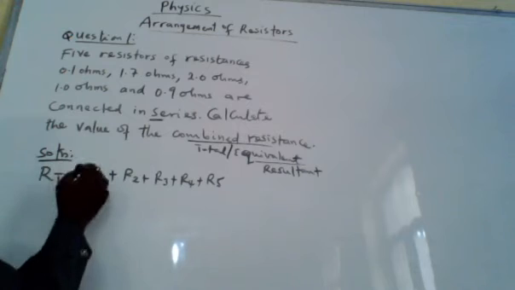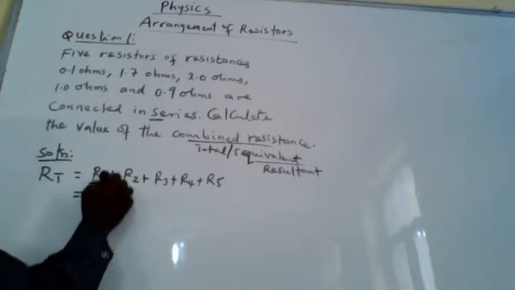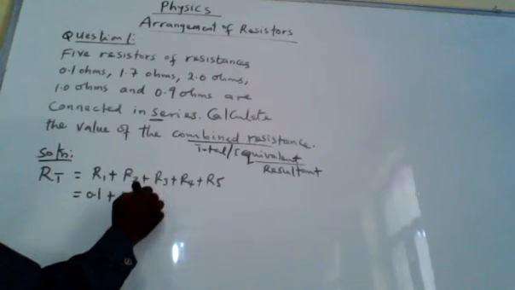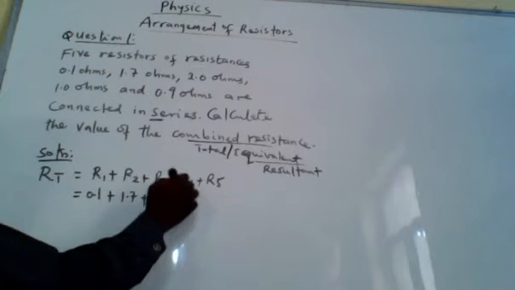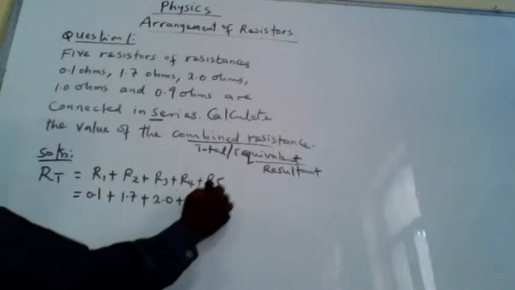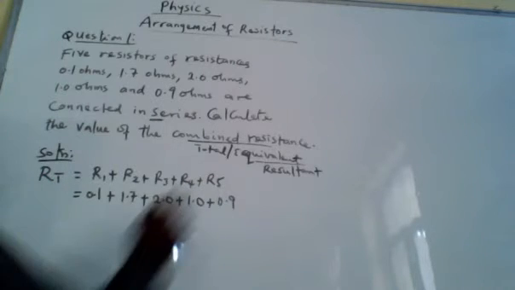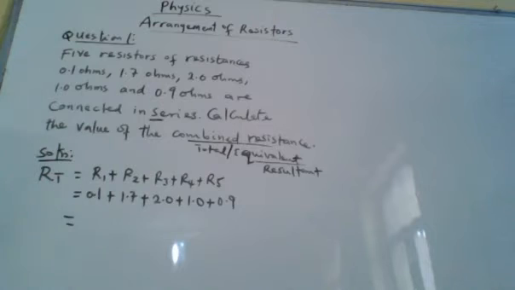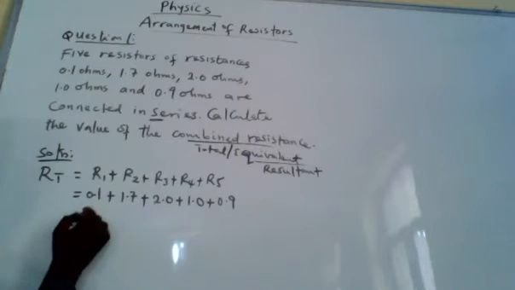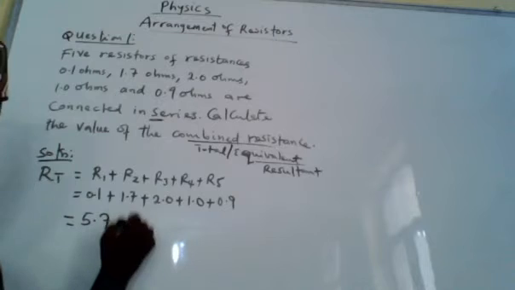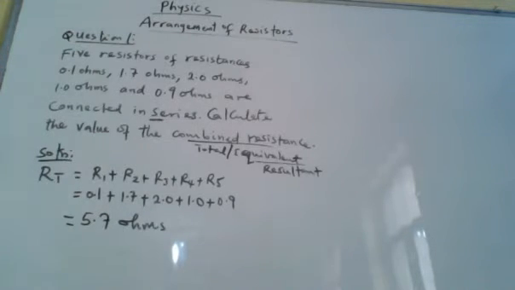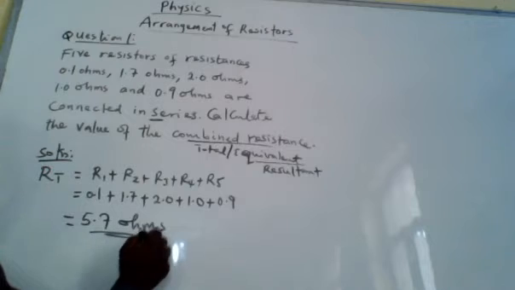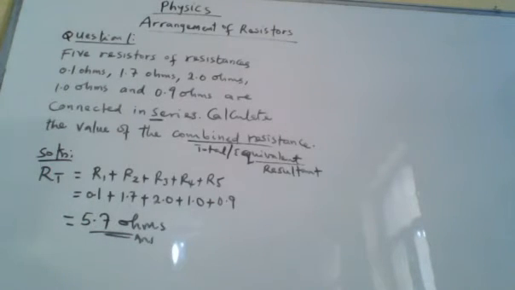So that is now going to be giving me 0.1 plus 1.7 plus 2.0 plus 1.0 plus 0.9. And by the time you put all of these together, the answer should be 5.7 ohms. That's the answer to that combined resistance. Example 2.